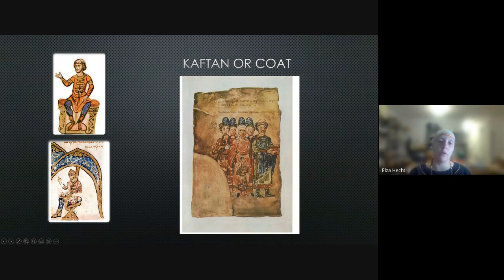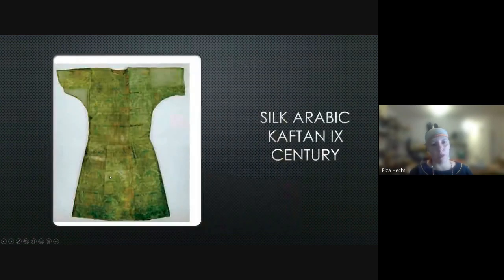Again, this is coming from Arabia, and it's considered to be the Eastern style kaftan. So it's very important to remember. Can you meet it in the sources? Yes, you can. Is it completely period? Not exactly. You would buy it from somebody, so you can wear it. So this is a silk Arabian kaftan from the 9th century that is currently preserved. You can see the picture is not the highest quality, but here in the center, those are the silk pieces. There are buttons.